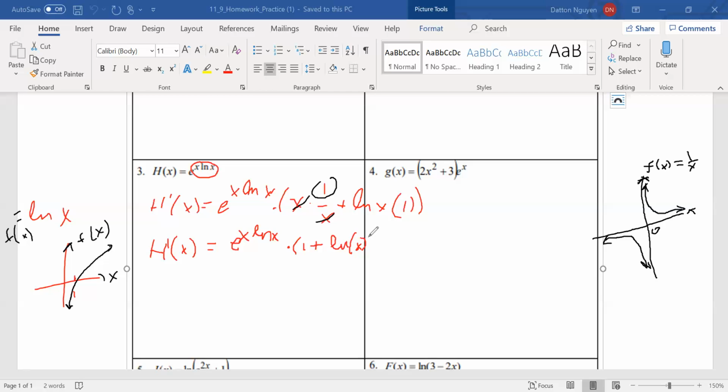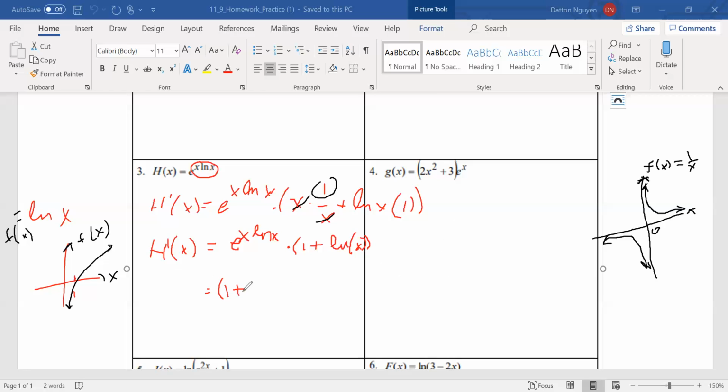So in this situation, the derivative of the natural log of x will always be 1 over x times the derivative of the function below. So here, this is what I have as my final result.